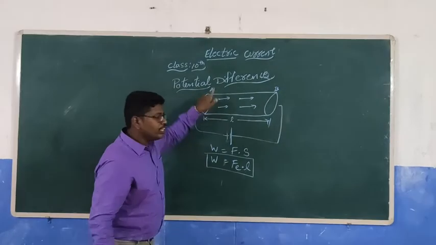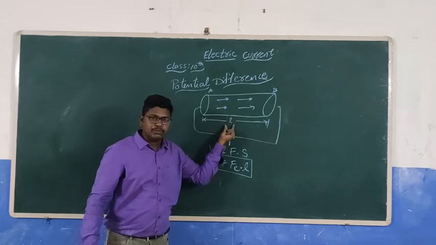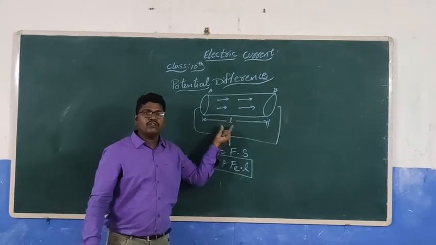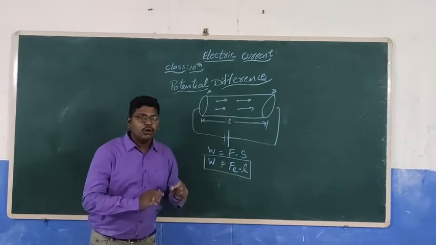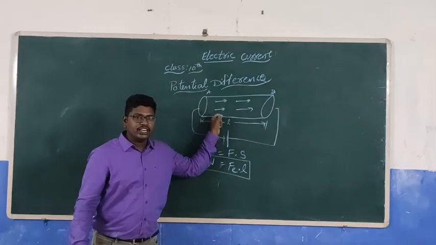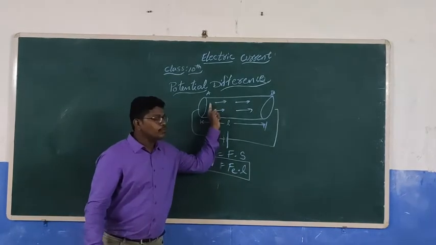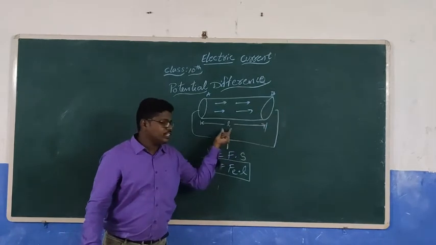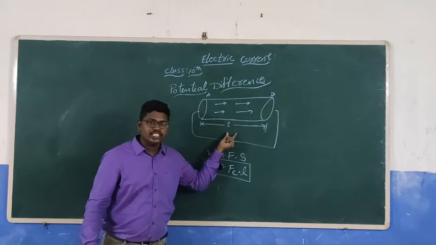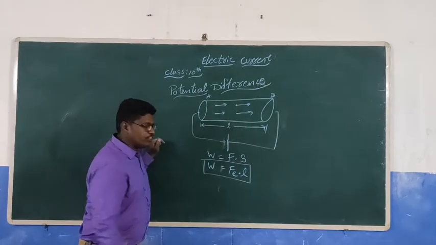In a conductor, the charges are moving from A to B with a displacement of L, so some work is to be done. That is called potential difference. So potential difference is the work done by a unit positive charge moved from A to B with a distance of L in a conductor.